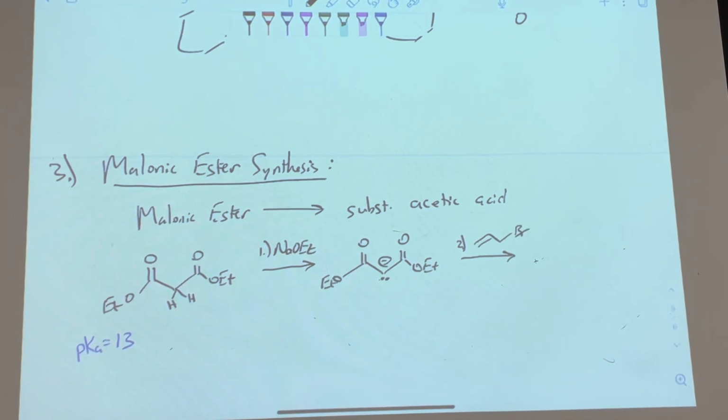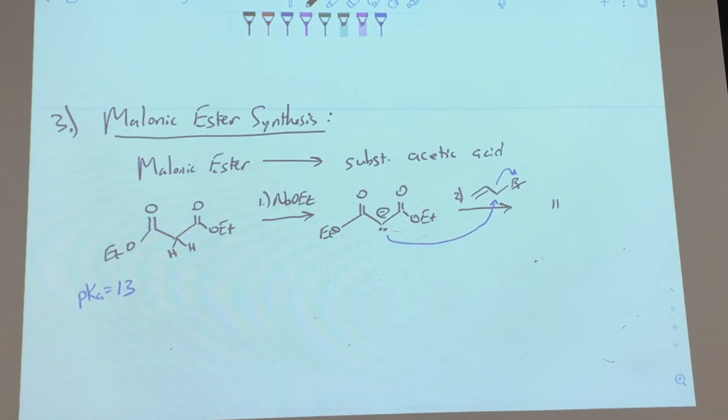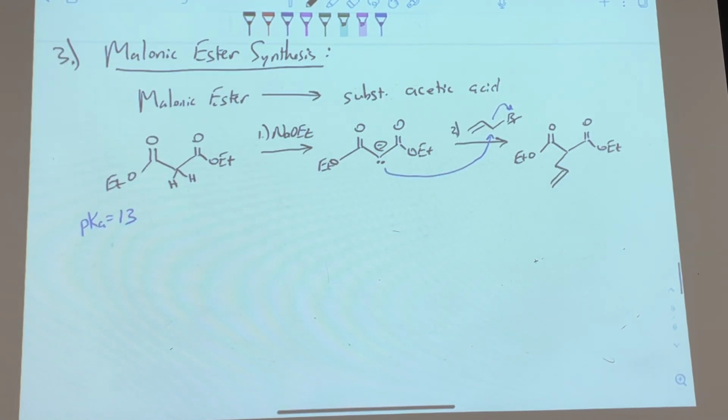Allyl bromide, the malonic ester nucleophile, the enolate, can go in and attack. Give me this guy.